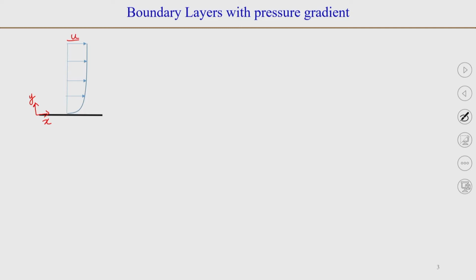If I take a slope at this point and let us say this angle is theta, then this might be my du and this will be dy.